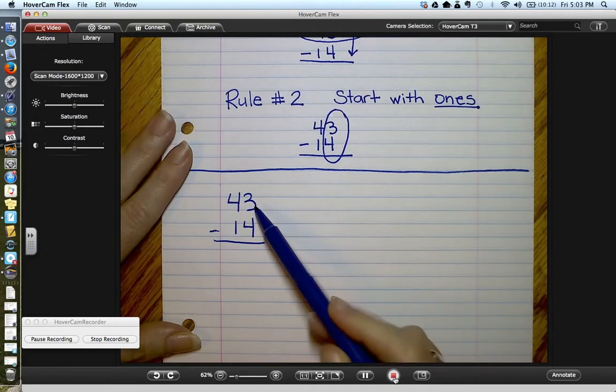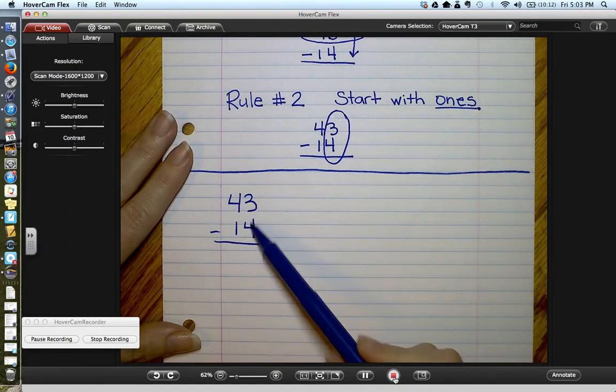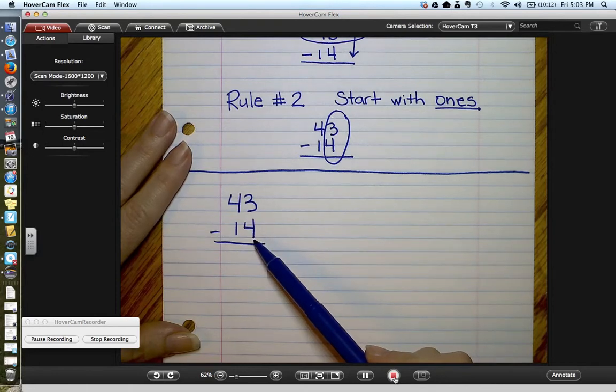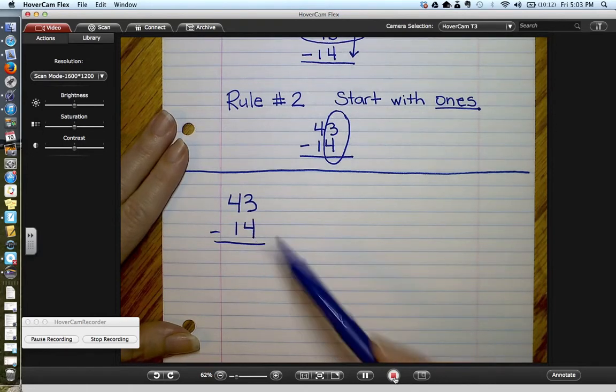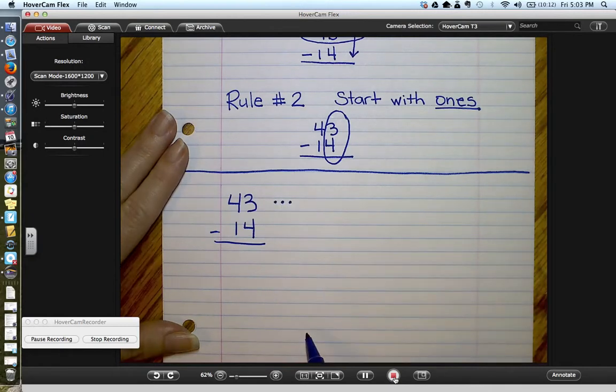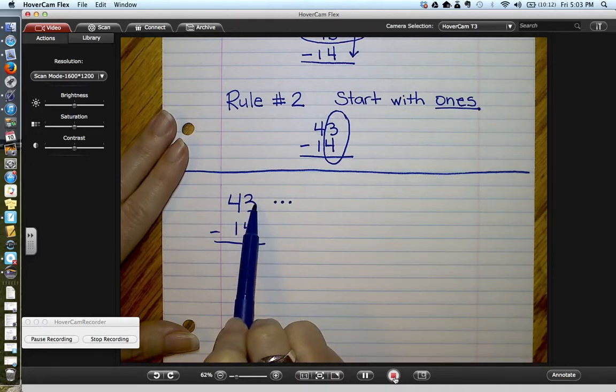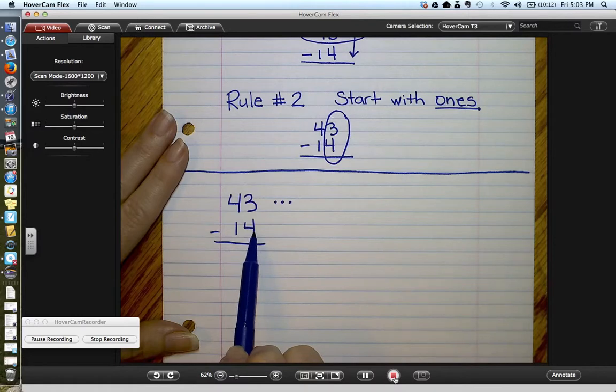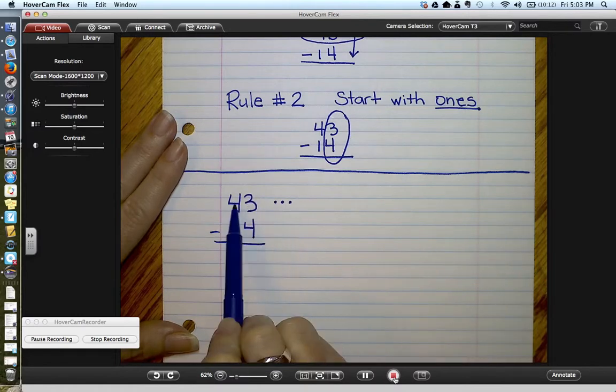So now what I say to myself is 3 minus 4. Well, saying that out loud should immediately make you think, hey, wait a minute, I have a problem. If there's only 3 somethings, I can't cross out 4 of them, can I? It doesn't work. So as you've learned, when that top digit is smaller than the bottom digit, it's not going to work. So we need some help. We're going to go to the neighbor.